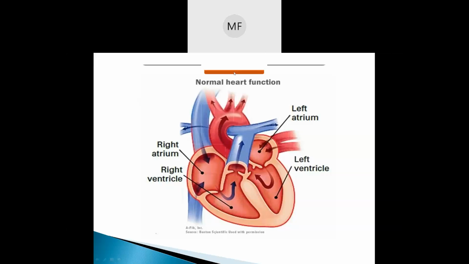As it goes through the pulmonary valve, it goes to the pulmonary arteries, which carry the blood away from the heart to the lungs for oxygen. As it goes from the left atrium to the left ventricle, the blood passes through the bicuspid valve. No, make sure of the blood flow. Wait.